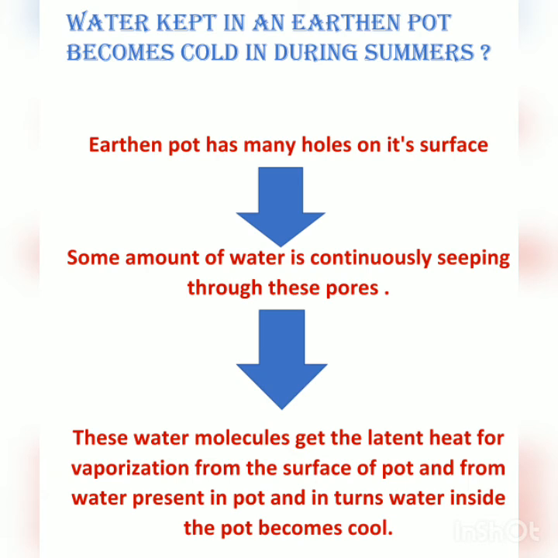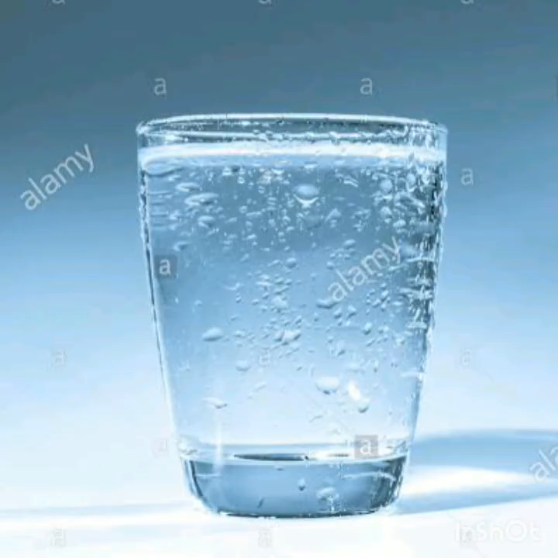These water molecules seeping through the pores take the latent heat from the surface of the pot as well as from the water present inside the pot, which in turn makes the water kept inside the pot cool. I hope you have understood the factors and how evaporation causes cooling.